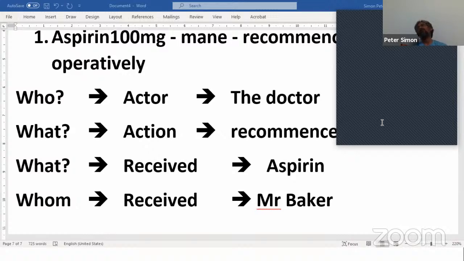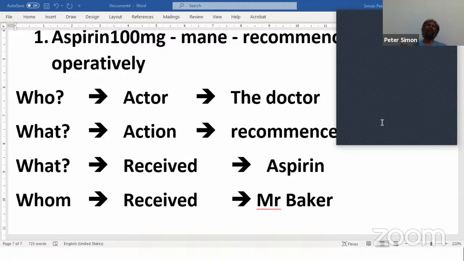For example, medication. Okay, so aspirin has been recommended. Recommendation was provided. Again, another "provided". Why provided?